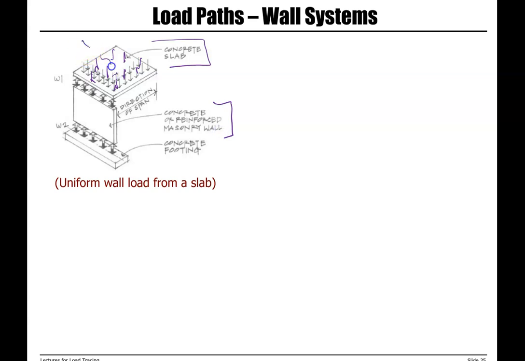Half of this load is the tributary area. Calculate the load transferred to the wall, and then if we add the weight of the wall, we can have the ground reaction. So it's from concrete slab to wall to footing. That's our load path.